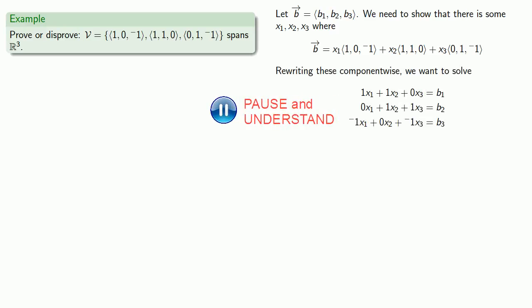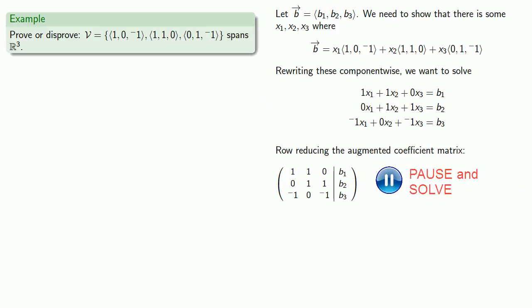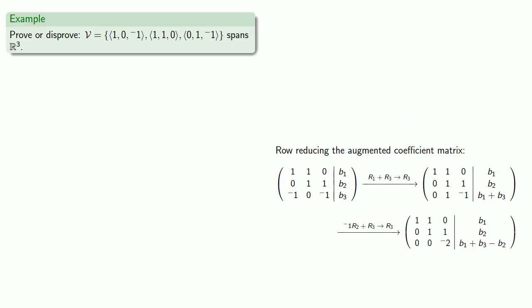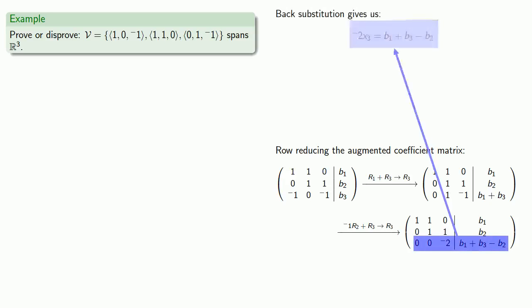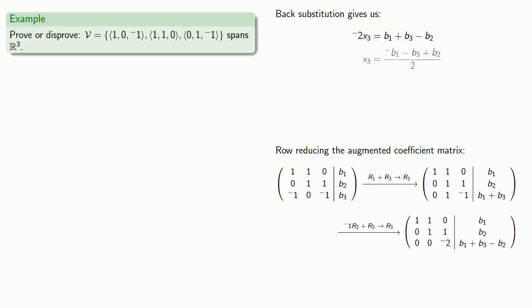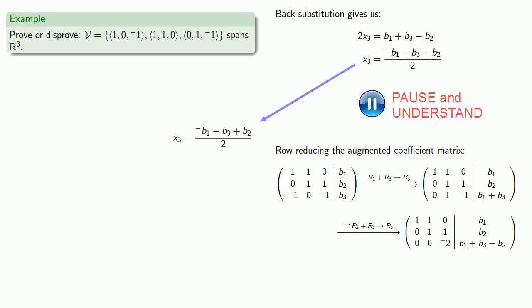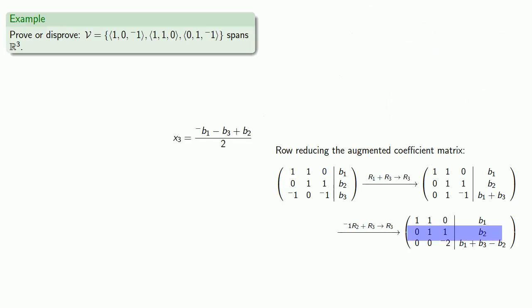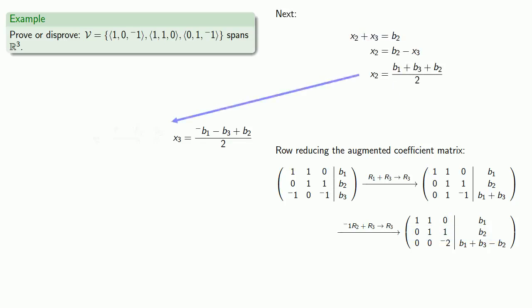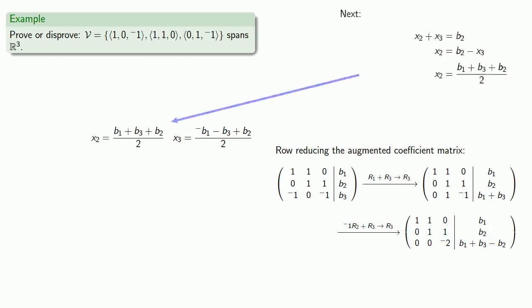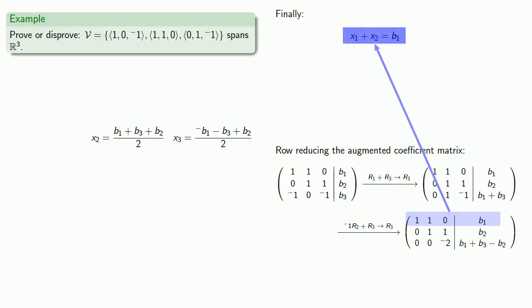We can row reduce the augmented coefficient matrix, then use back substitution to solve for x3, x2, and x1.